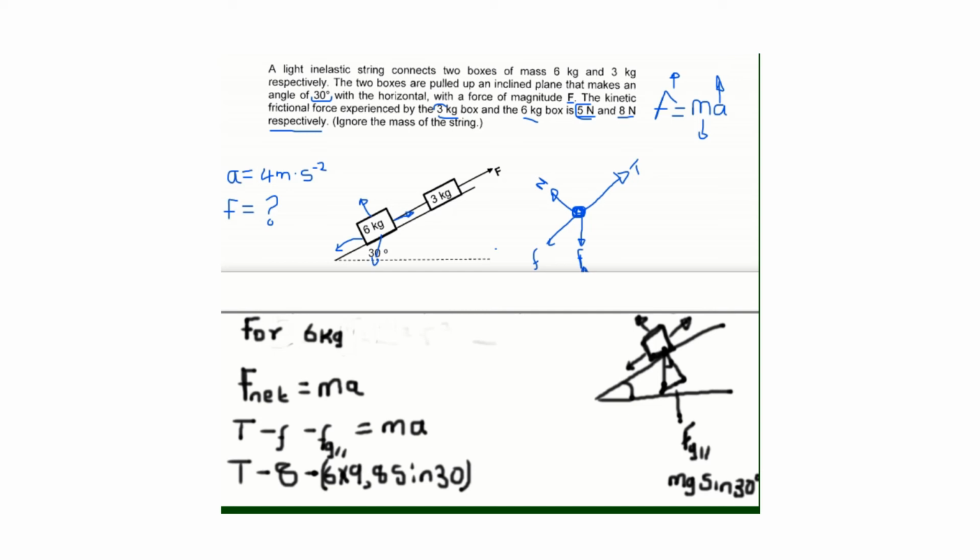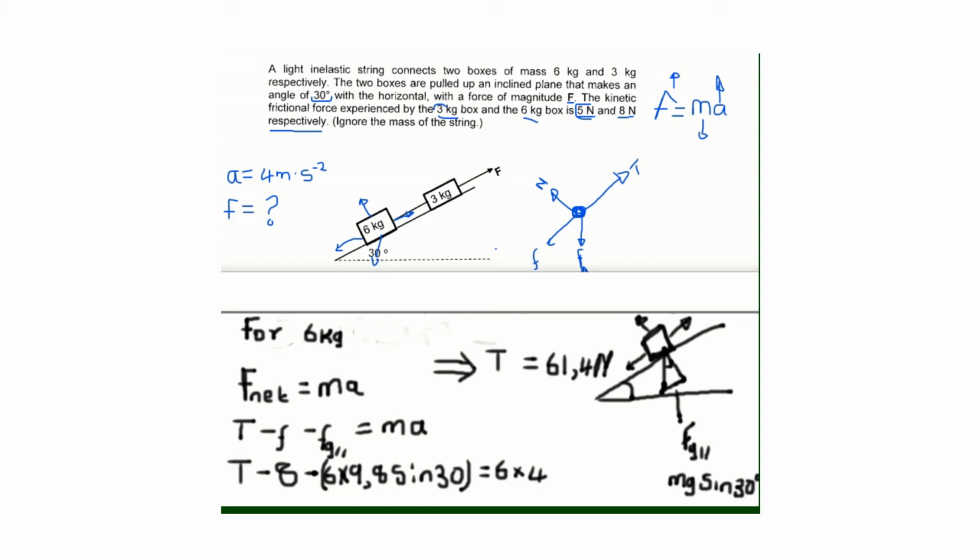Like this. And this should be equal to 6, because mass is 6, acceleration is 4, right? So we can press a calculator and find the value of T. This implies that T is equal to 61.4 Newton.